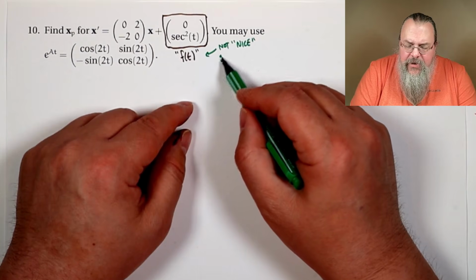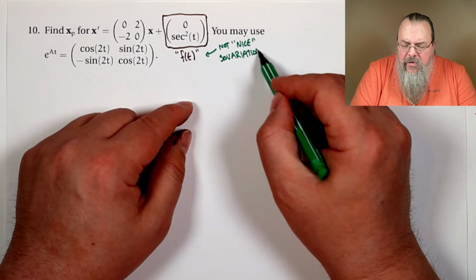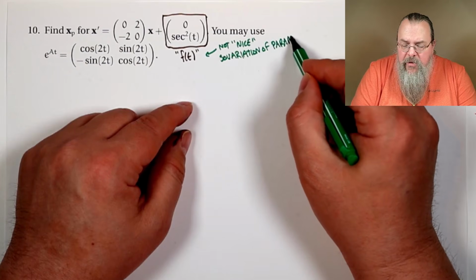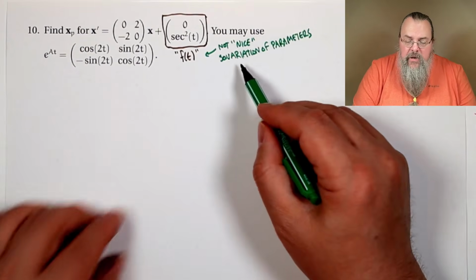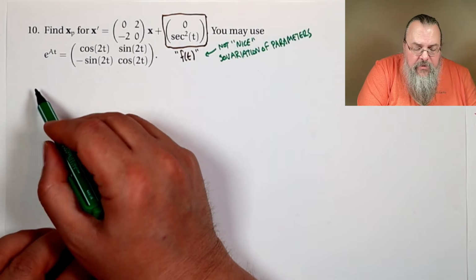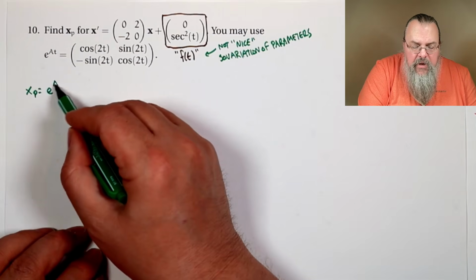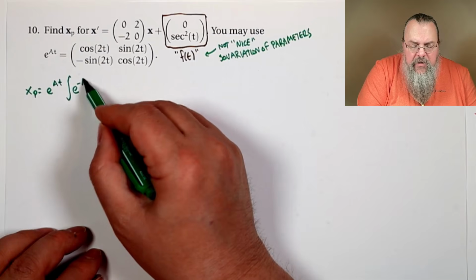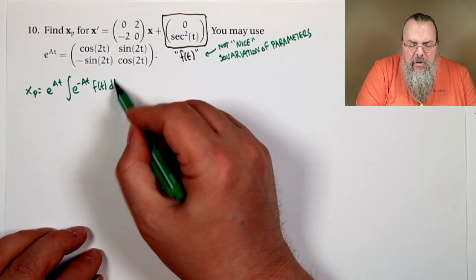All right, so variation of parameters. And the good news is they did some work for us, so that will save us a step. All right, so let's remind ourselves. We get that xp is e to the At integral e to the minus At f of t dt.